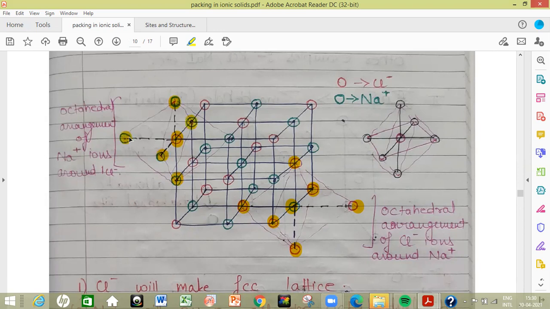So these are found by just extending the line on which the atom is actually present to an equal distance. So this distance is going to be equal to this distance. So we have extended this line, and on the opposite side at equal distance we have found the other sodium ion.